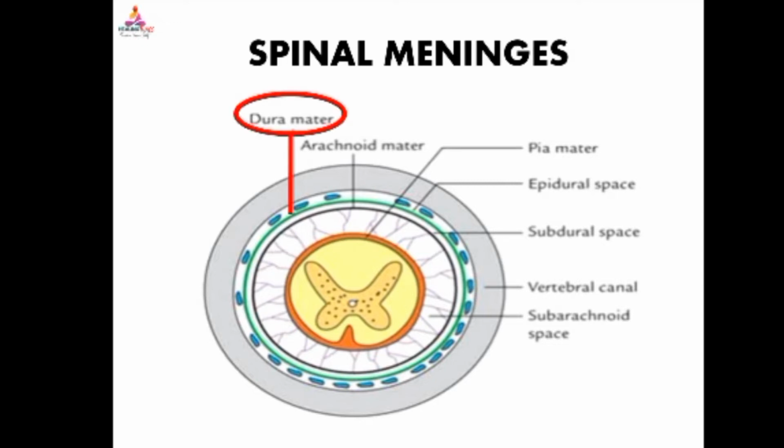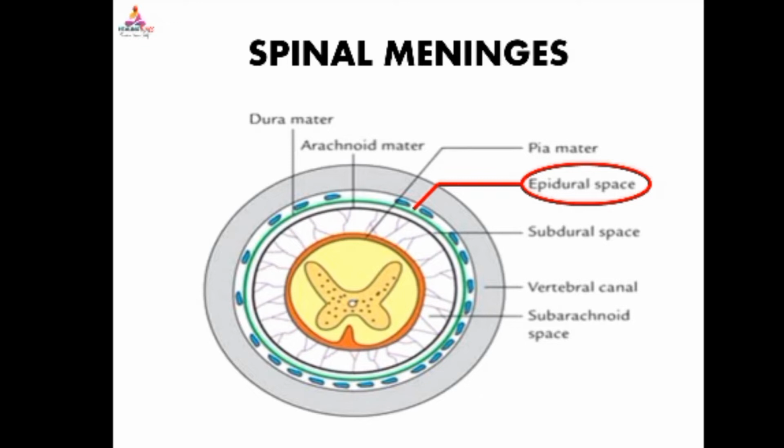Dura mater: the spinal dura extends from foramen magnum to the lower border of the second sacral vertebra, S2. The space between dura and vertebral canal is termed epidural space.